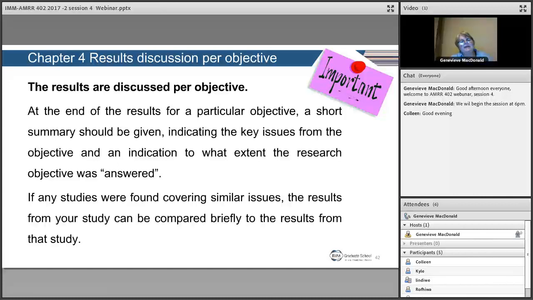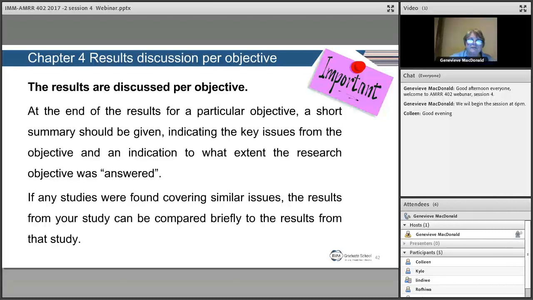Remember, you have to discuss the results per objective. And at the end of the results for a particular objective, you need to give a short summary indicating the key issues from that objective and to what extent the research objective was answered.